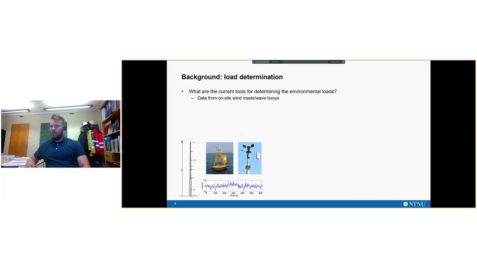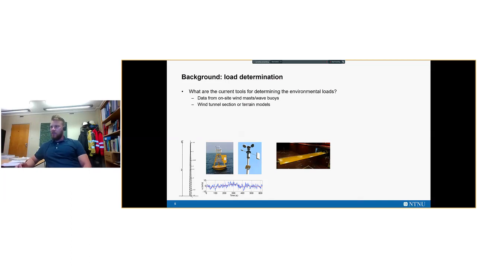Well, first of all, we typically do some on-site measurements of wind or waves using masts or buoys. This is done prior to construction for an extended period of 1 to 3 years.